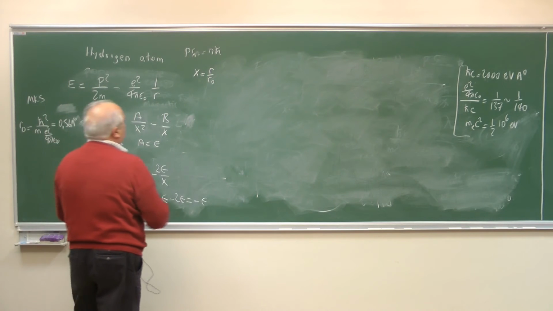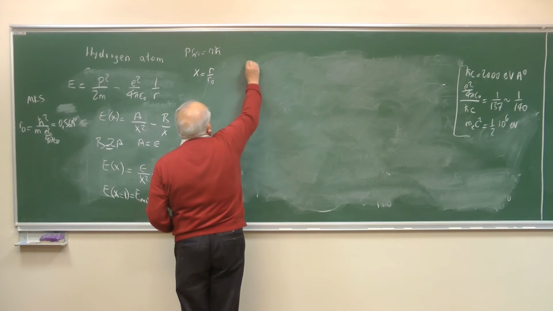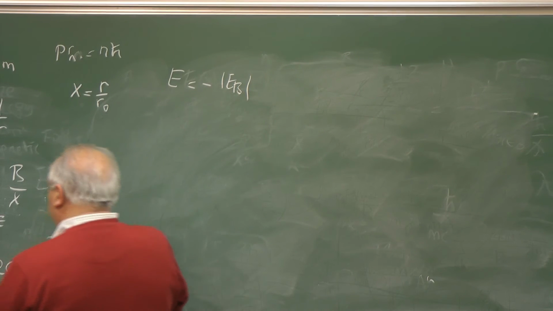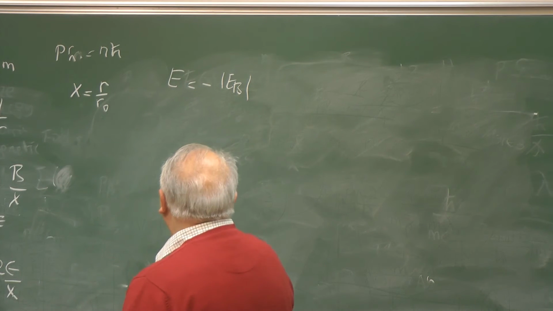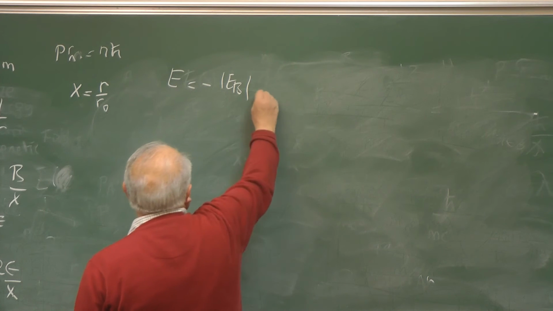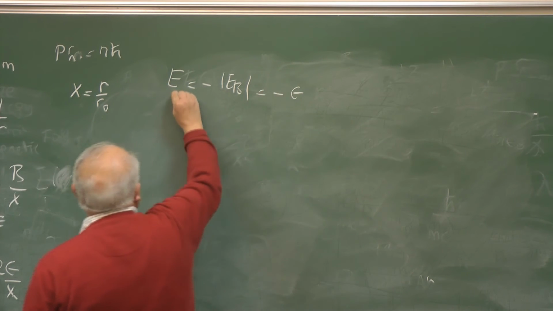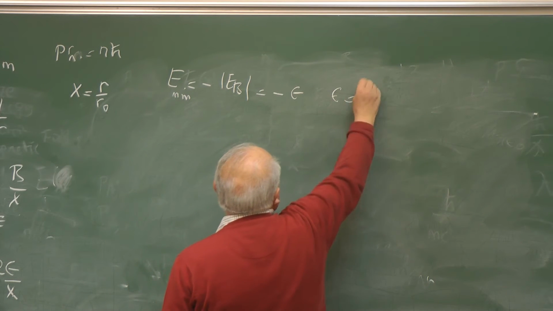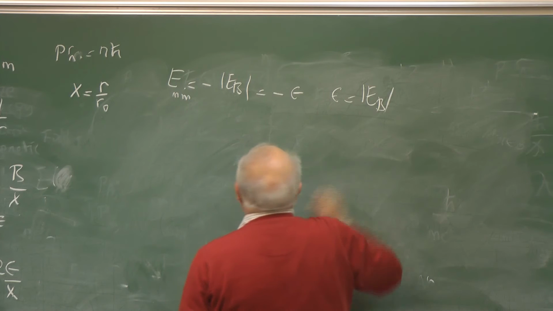So let us write E as minus the binding energy. And this is minus epsilon. This is E minimum. Therefore, epsilon is the binding energy.